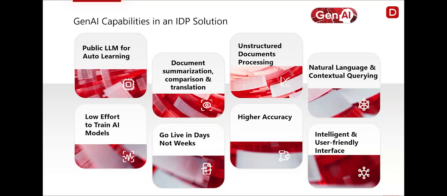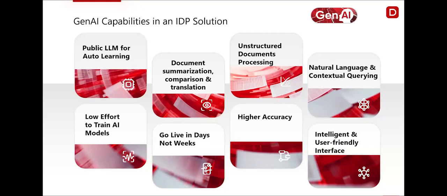We leverage a lot of public LLMs, so we don't have to recreate content. It is already available, and hence the accuracy increases, the development time reduces, and there is much lower effort in training AI models.